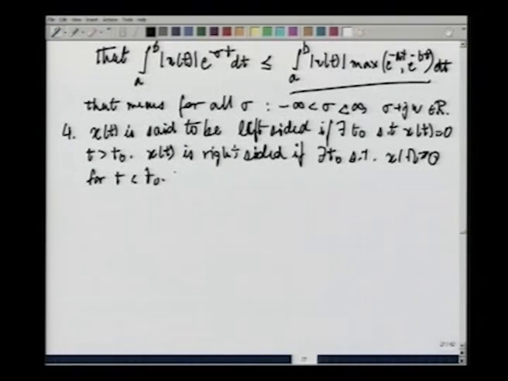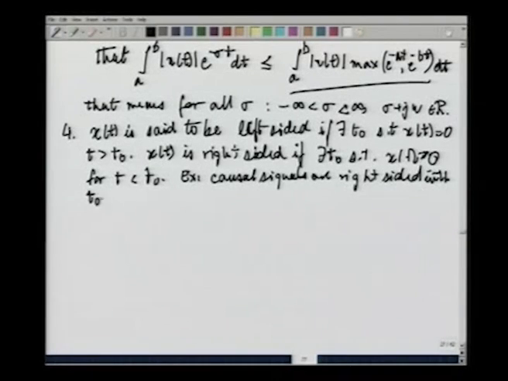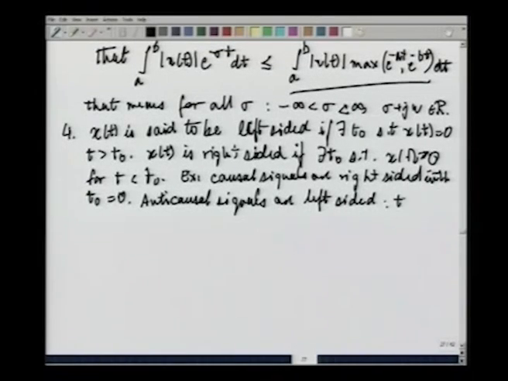So, for example, causal signals are right-sided, with t naught equal to 0. Anti-causal signals are left-sided, with t naught equal to 0 again.